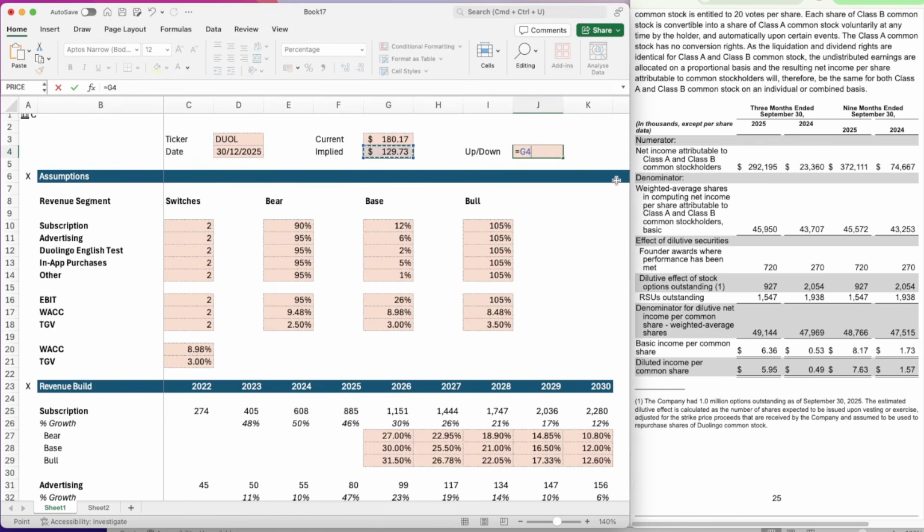Oh, that's right. So it's maybe a 30% downside. Let's see on the bull case, what do we get? So not too far off on the bear case, about 100.